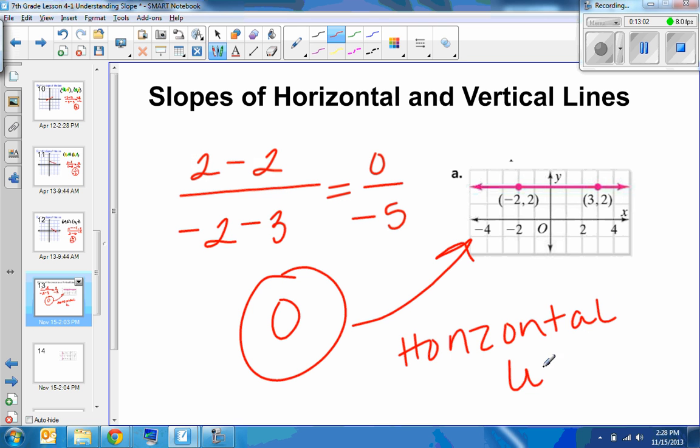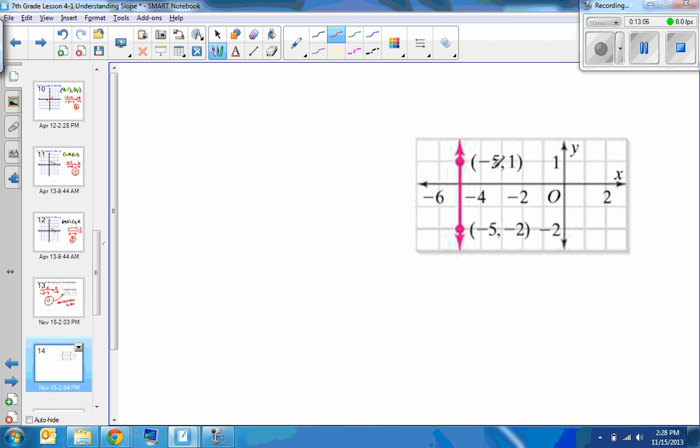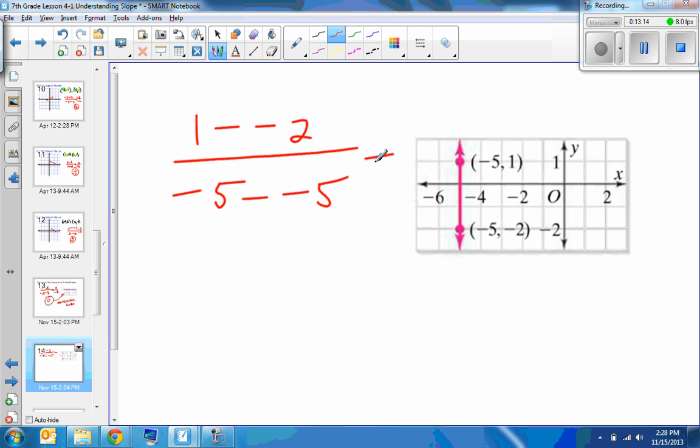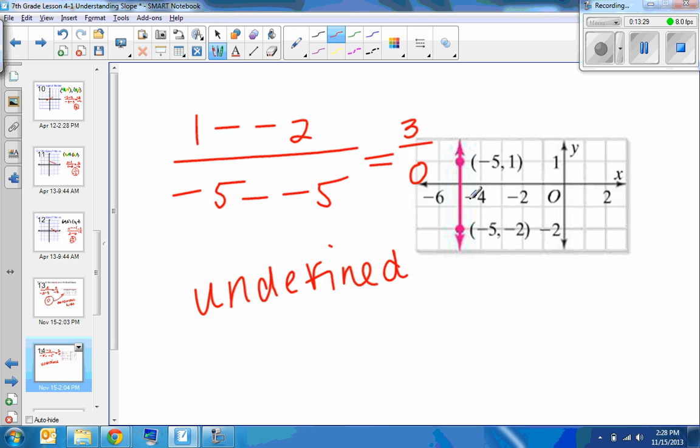So then, when I look at my vertical line, I would take 1 minus negative 2 and negative 5 minus negative 5. So I'm going to get 3 over 0. Anytime I have a 0 on the bottom, it's undefined. All vertical lines have a slope that is undefined.